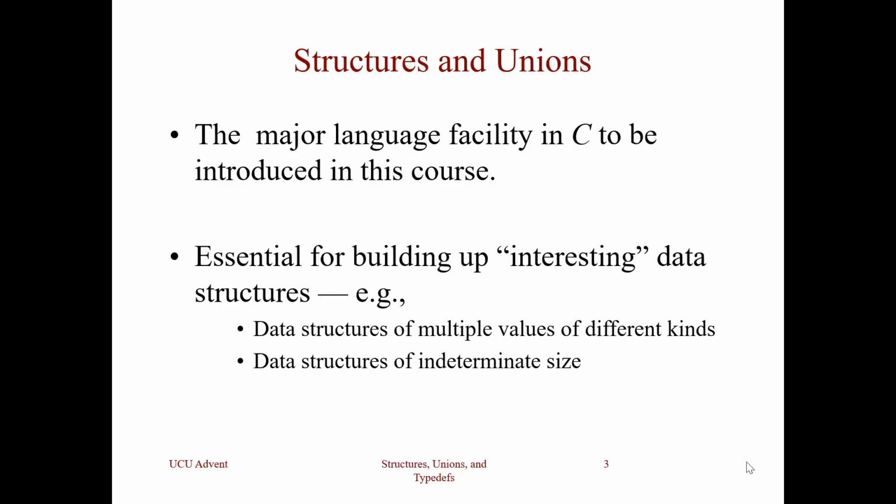How do we build them up? For instance, data structures of multiple values of different kinds. Maybe you have a data structure that has integers, characters, and strings. Just one structure can contain many other kinds of data.